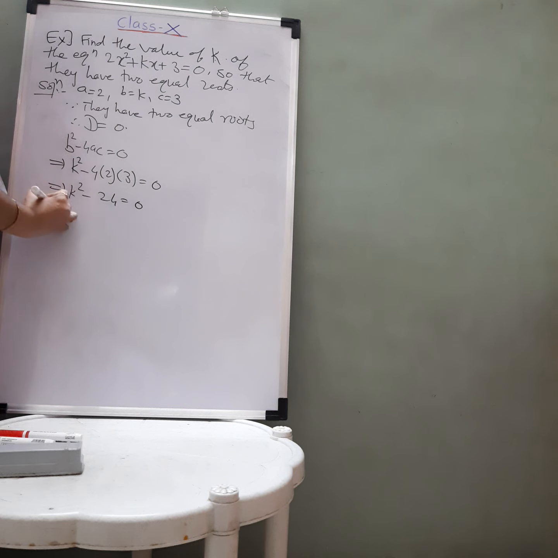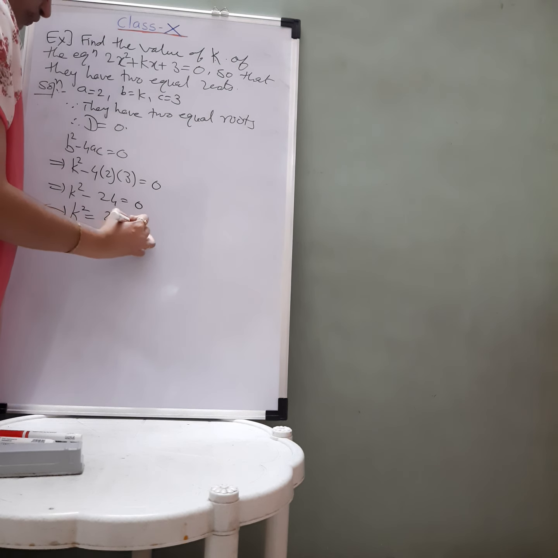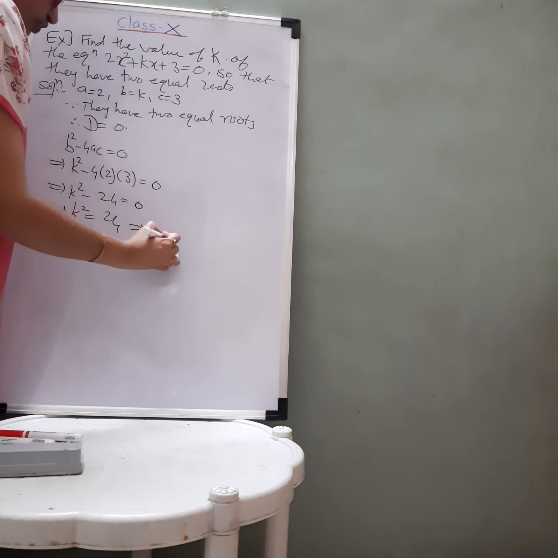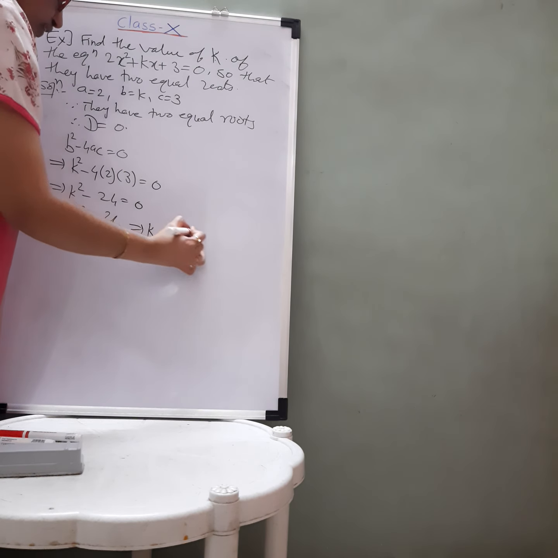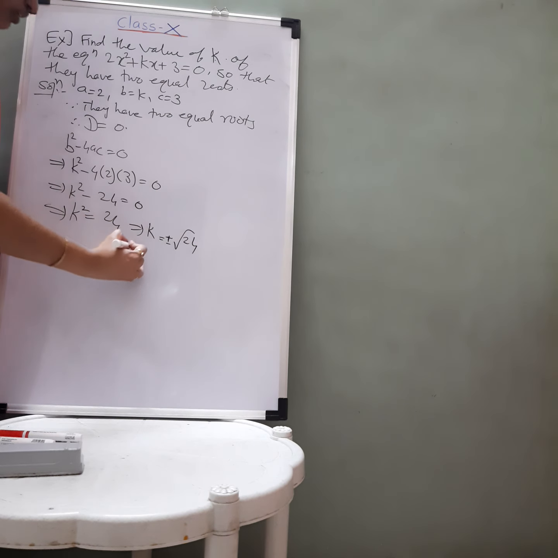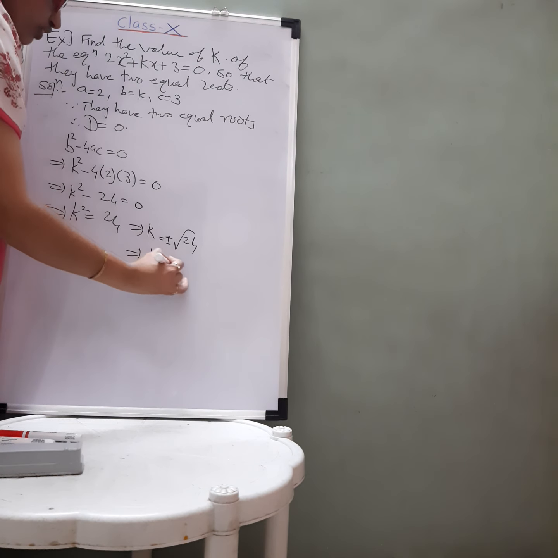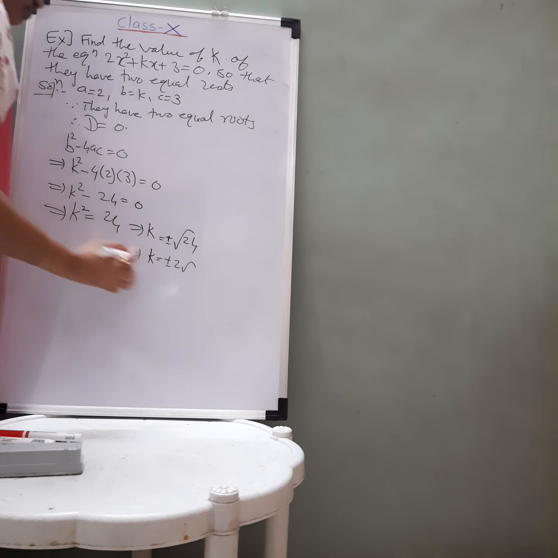Now find the factors of 24. So k square is equal to 24, and k is equal to plus or minus under root of 24. Now you can find the factors: 6 fours are 24. So the answer is plus or minus 2 root 6.